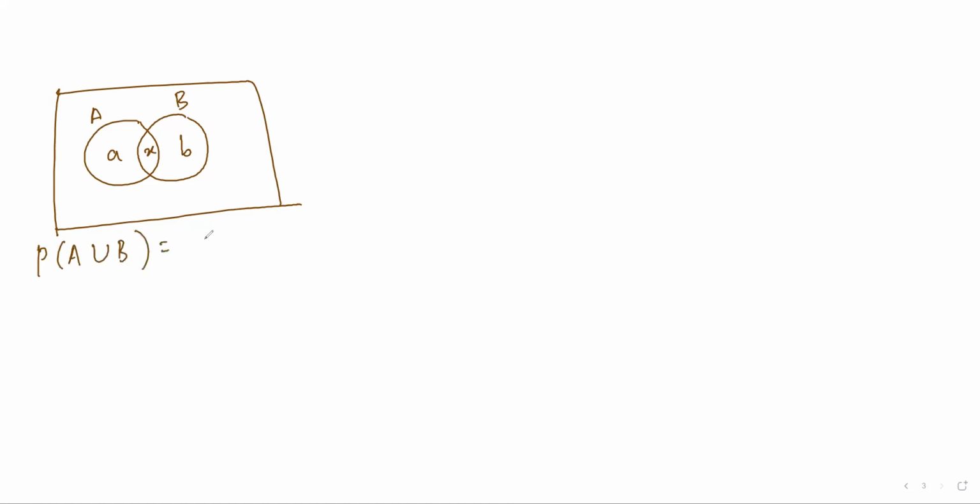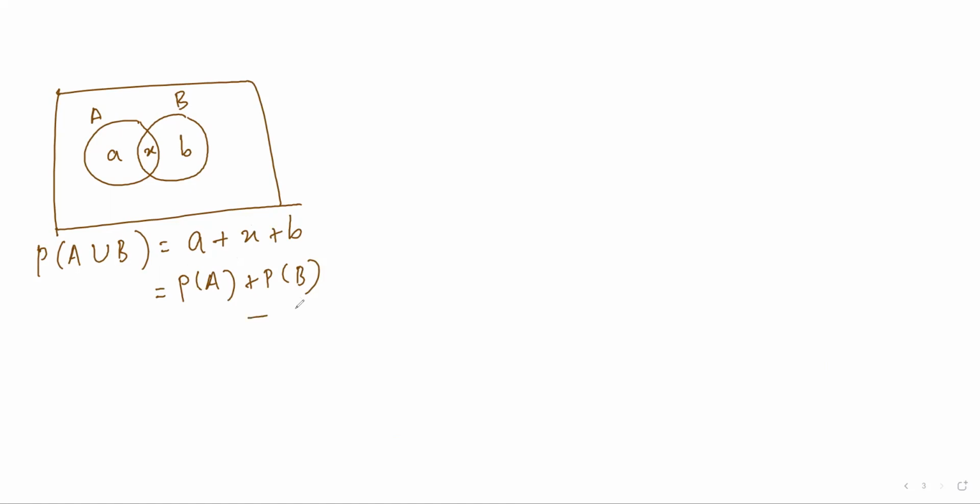Previously we learned that, let's say if this is A and B, and just for ease we will mark the intersection as X. The union between A and B is actually A plus X plus B. So in order to get that, you can take the probability of A plus the probability of B. Now, X is double counted in this case.